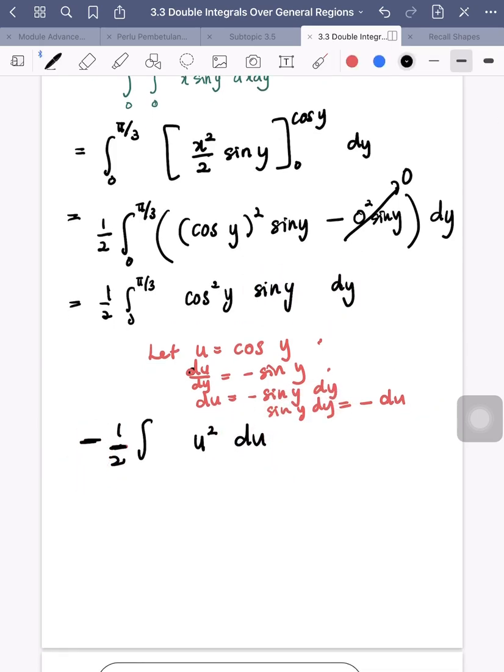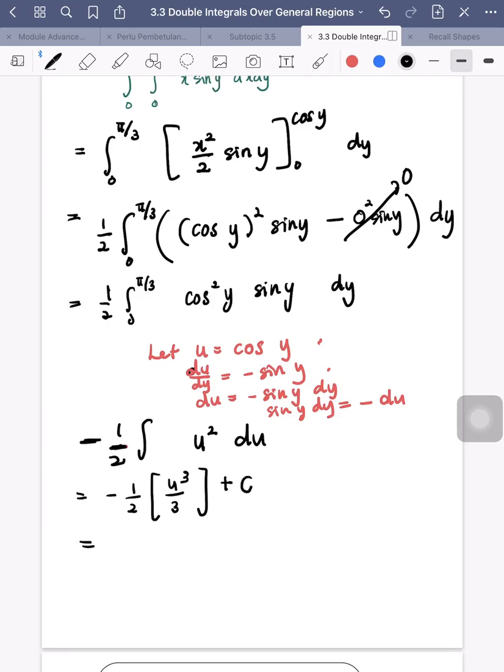You see your function now becomes only one variable, which is u. So now it's easy to integrate. You integrate, you get negative 1/2 u cubed over 3. Since I haven't put the limit yet, I put plus c.